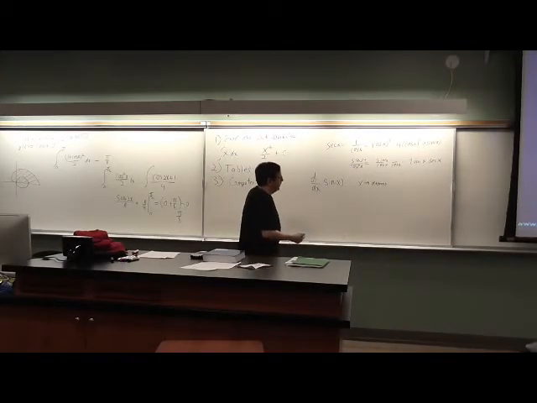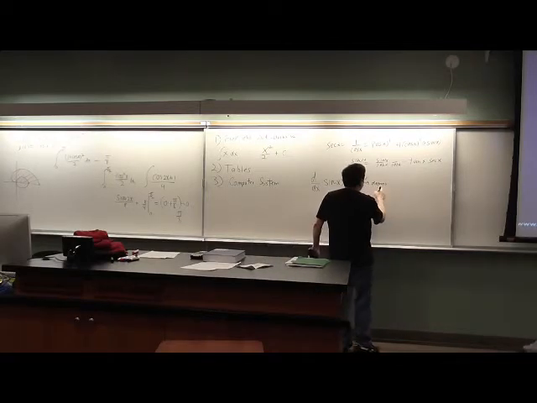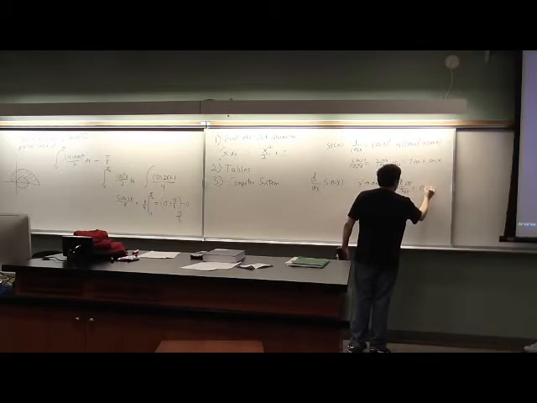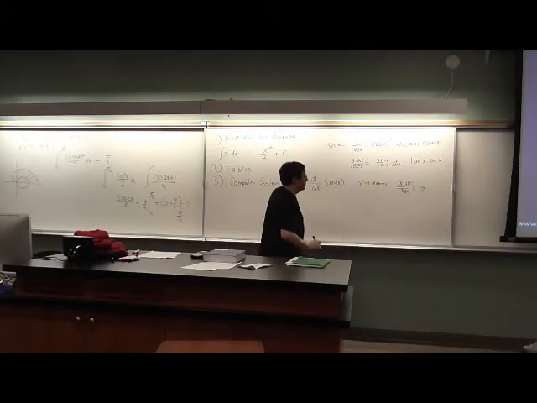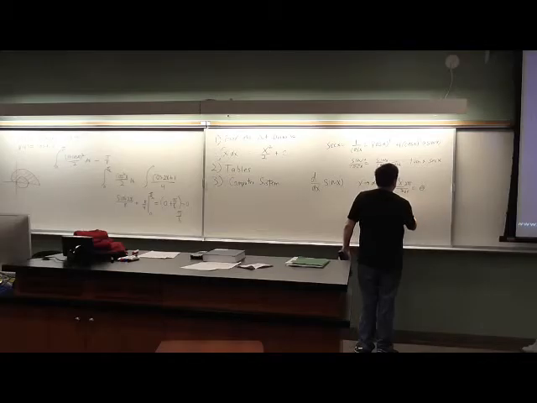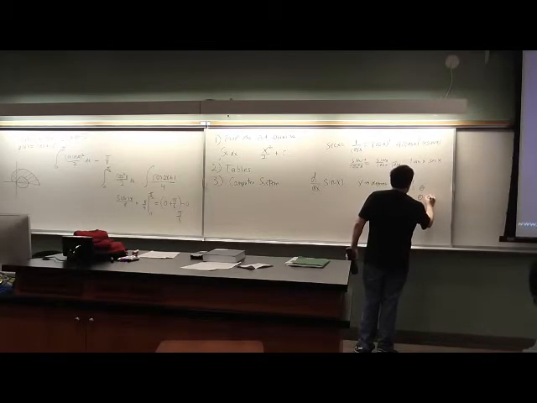If you think about it, well, x is in degrees, then what? x times 2 pi over 360 equals theta radians, right? So x is equal to theta times 360 over 2 pi.